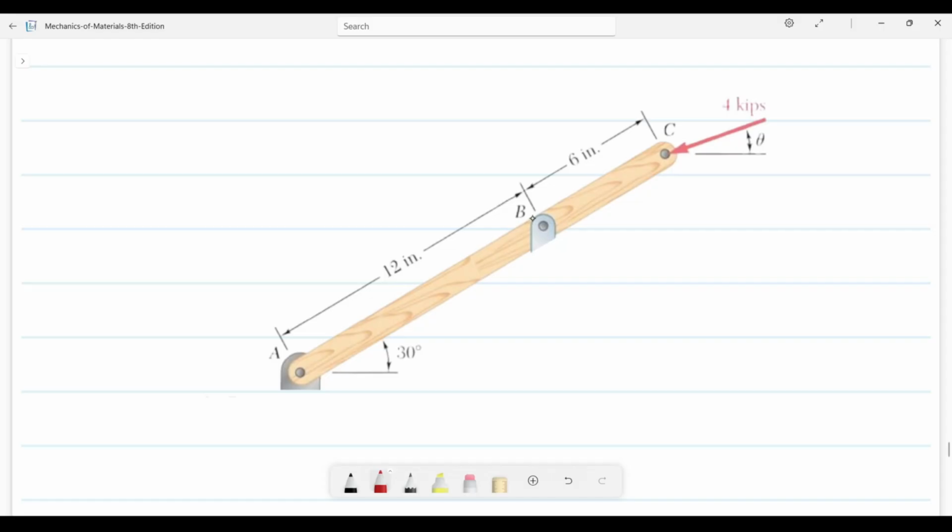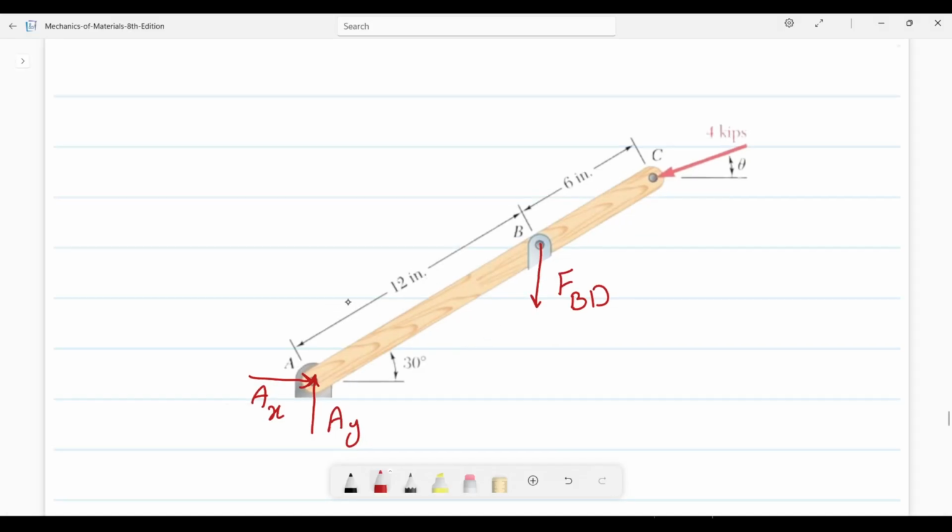At point B, we have the force FBD, and at support A, we have two reactions AX and AY, which we have already drawn. I should change this AY and AX.